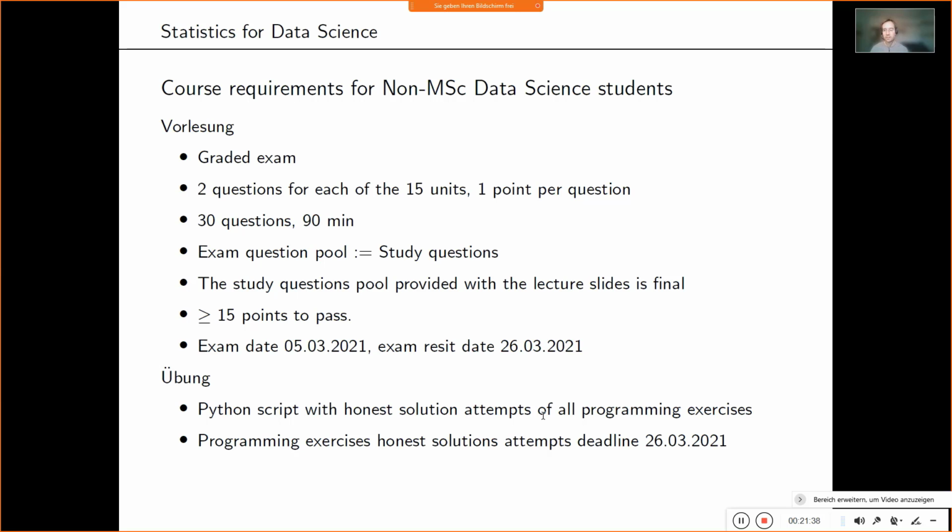Of course, then the same constraints apply. So you have the exam question pool and so on. The dates are the same. The only thing is that you will get a grade, you will get a mark, and it's not only pass or fail.